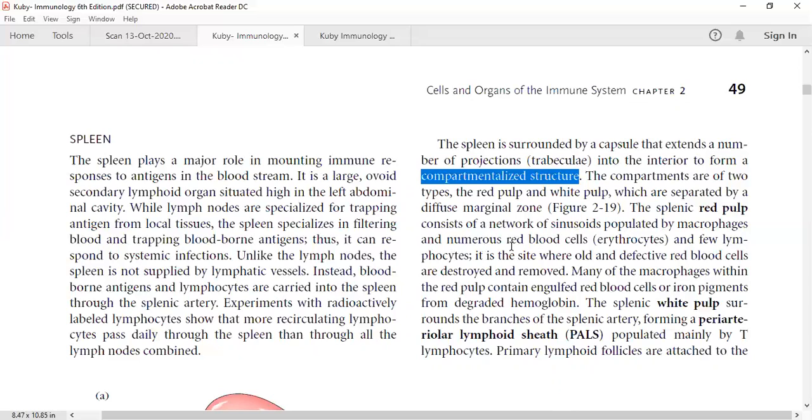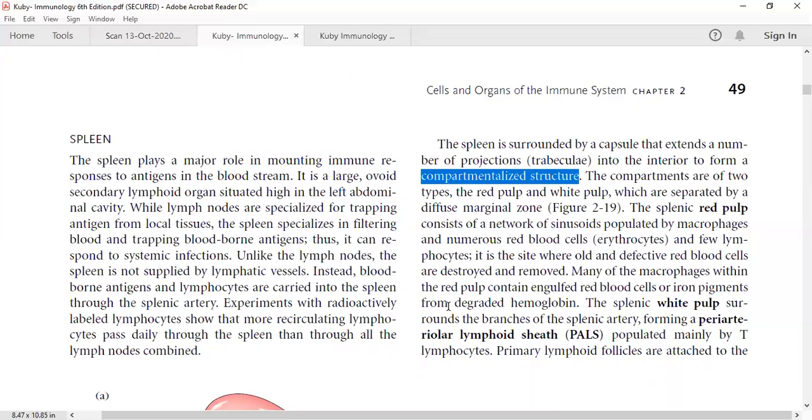So macrophages are going to kill these RBCs. All right, so they are destroyed and removed. Old and defective red blood cells are destroyed and removed in the red pulp. This question can be asked directly or indirectly. So the red pulp is the site of destruction of RBCs.